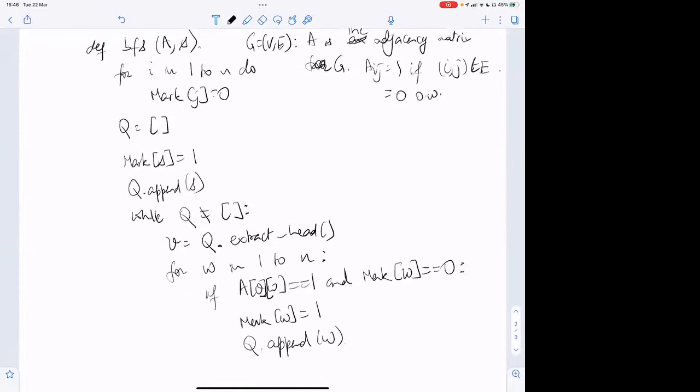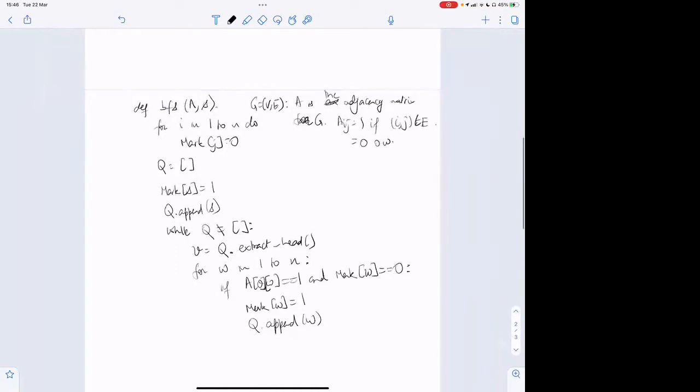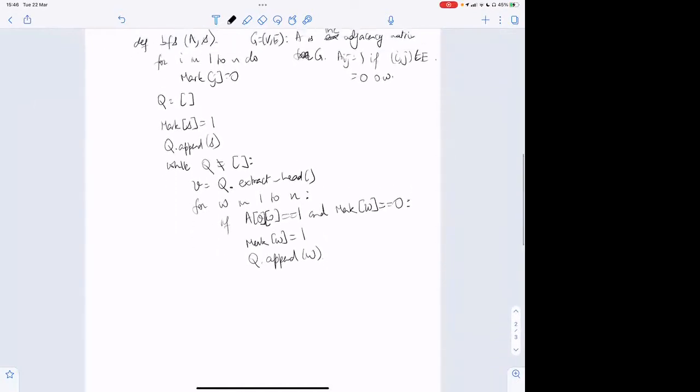Let me take a small graph. Let me give some numbers: 1, 2, 3, 4, 5, 6, 7, 8, 9, 10. And we'll assume S equal to 1.